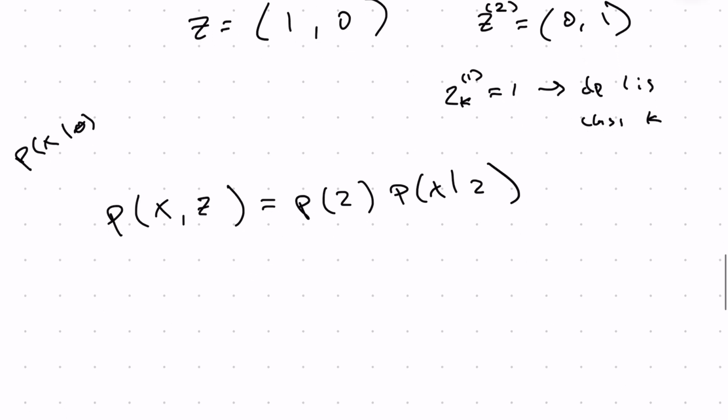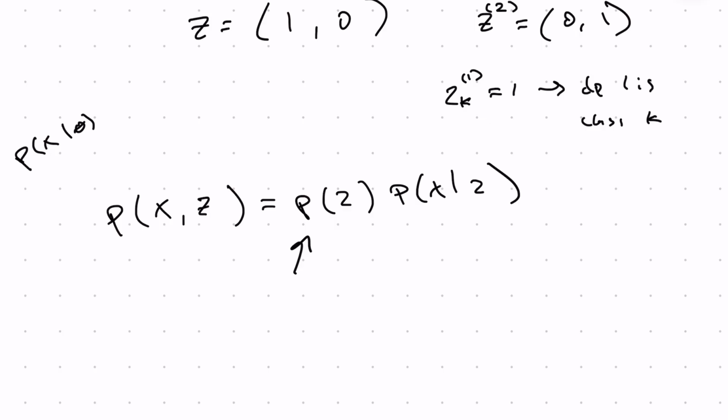So let's try and solve for what this actually means. Here we know that this is a one-hot encoded thing, so this is like our prior.